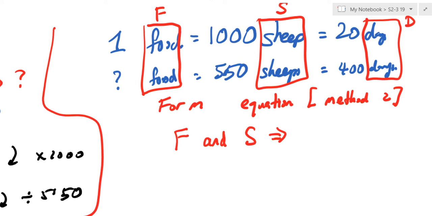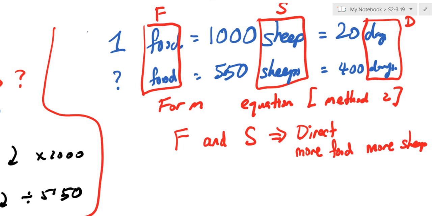Food and sheep: more food, more sheep, or more food, less sheep? More food, I can feed more sheep, right? So I write down, this is direct because more food, I can feed more sheep. Am I correct?